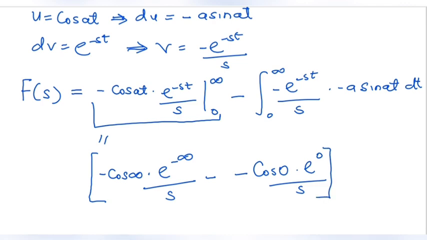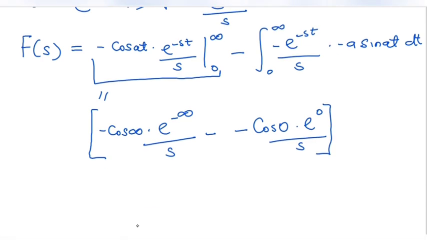And if you evaluate this, you can see that e to infinity is 0, as we know, so this whole term is 0, right? Then minus minus is plus, so we have plus cos 0 is 1, this is 1, and this is also 1, so we just have plus 1 times 1 all over x, so this is just 1 over x.